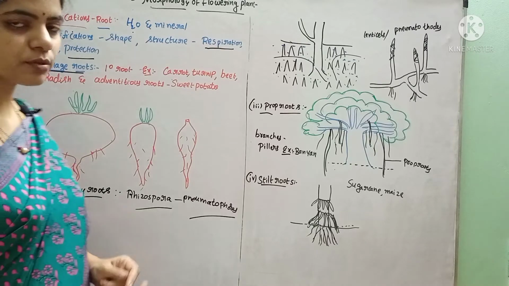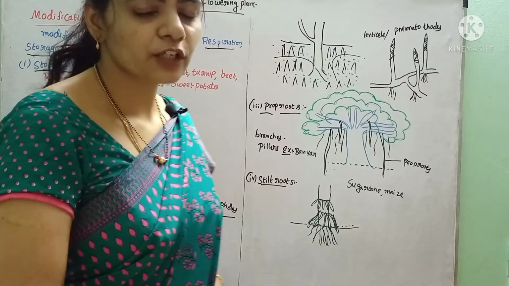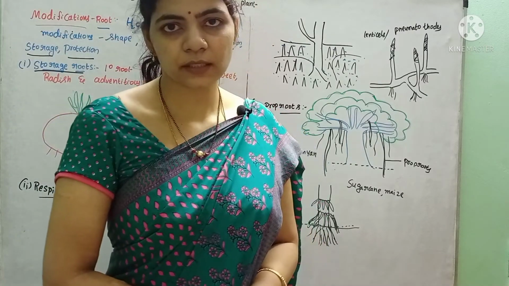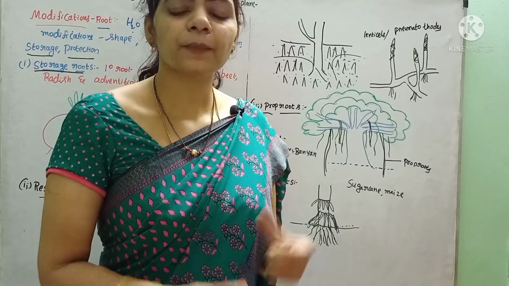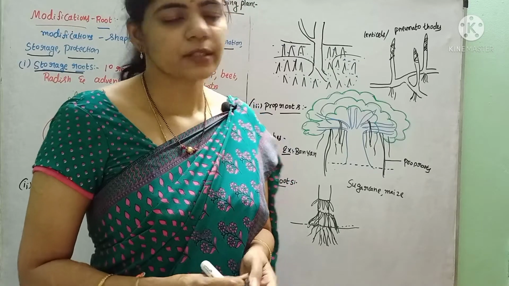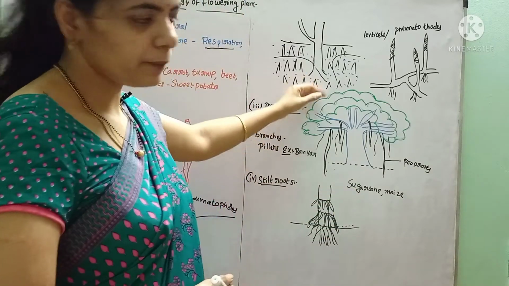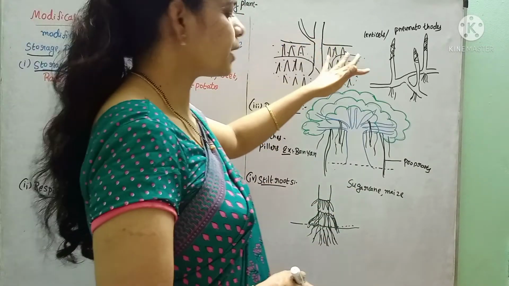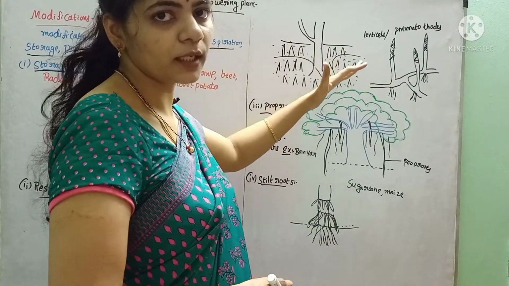And next one, respiratory roots. These respiratory roots are seen in the plants which are growing in the mangrove forest. In that mangrove forest, the plants are deficient of proper aeration. The root system will not get proper air because the surrounding conditions are waterlogged and swampy.